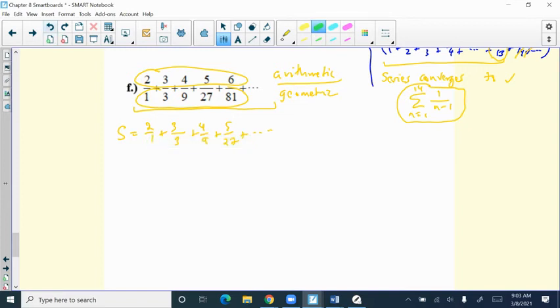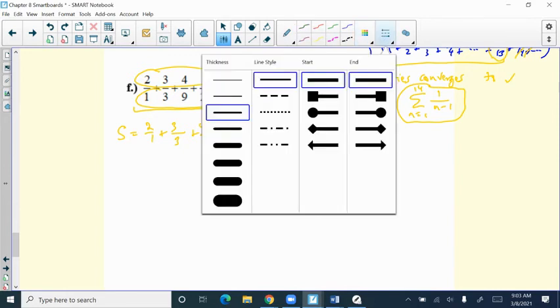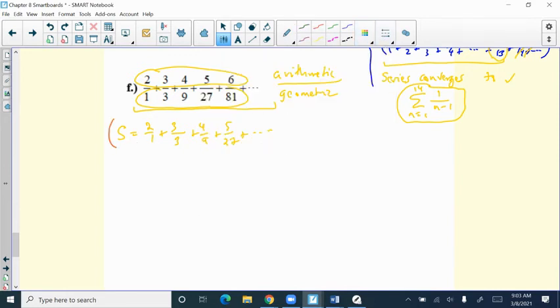So whatever the geometric part is, you're going to multiply both sides of your equation by that geometric part. So I'm going to say 1/3 the sum is equal to 2/3 plus 3/9 plus 4/27 plus 5/81. Again, that's just the geometric part.